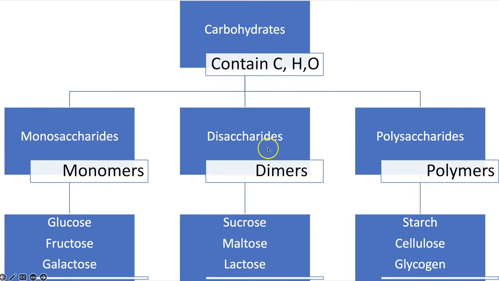A disaccharide is a dimer, which means two units joined together, and di means two, saccharide means sugar, so it's two sugars joined together. Polysaccharides are the polymers, poly meaning many, or in this case it literally means more than two, and that's when you have many sugar units bonded together. And here are some examples of each of those that you need to know.